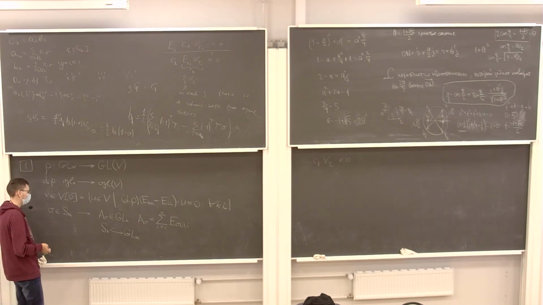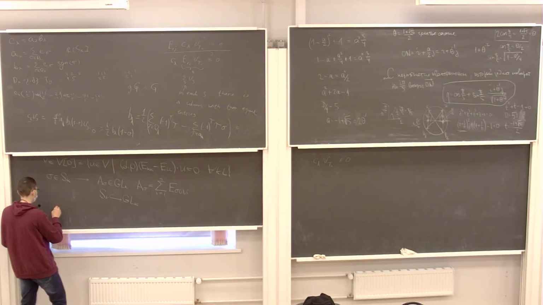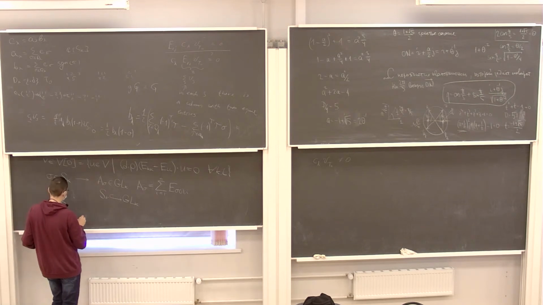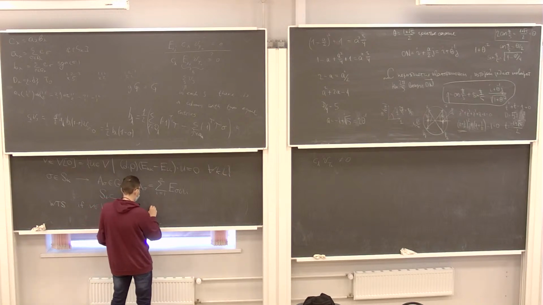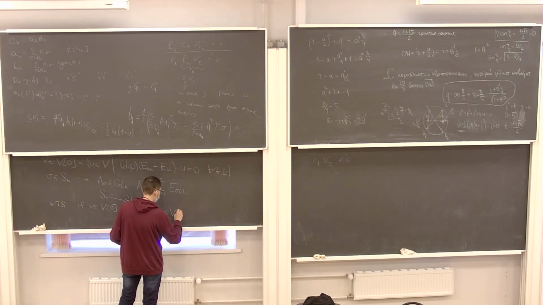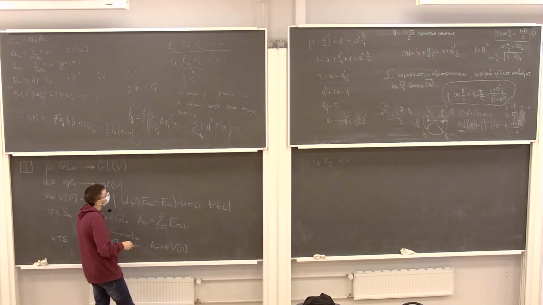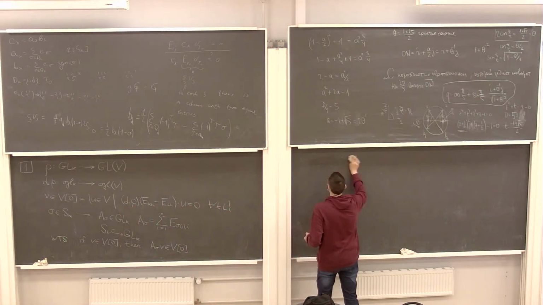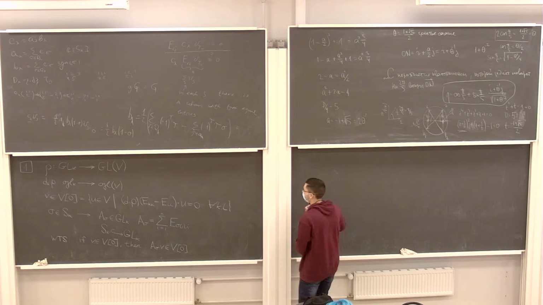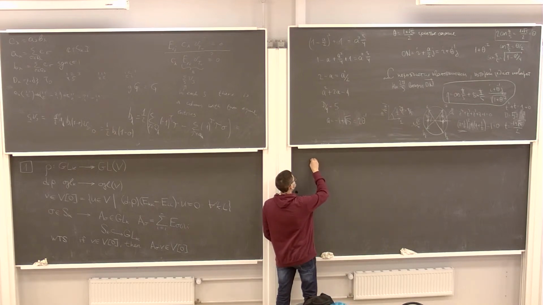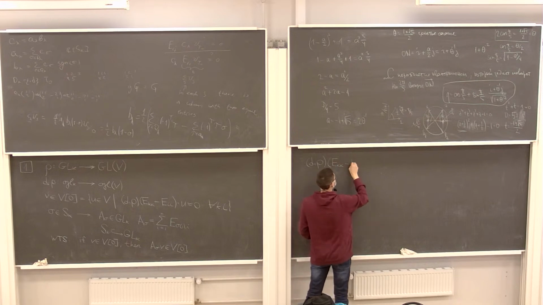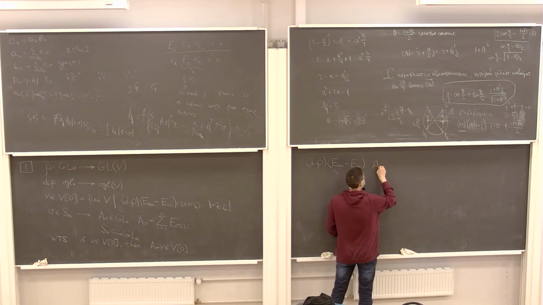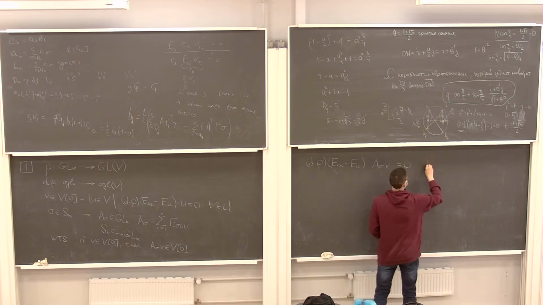And I have to prove that we want to show that if v is in V0, then a_sigma v is also in V0. What does it mean? I want to show that such a thing acting on a_sigma v is 0 for any k and l.